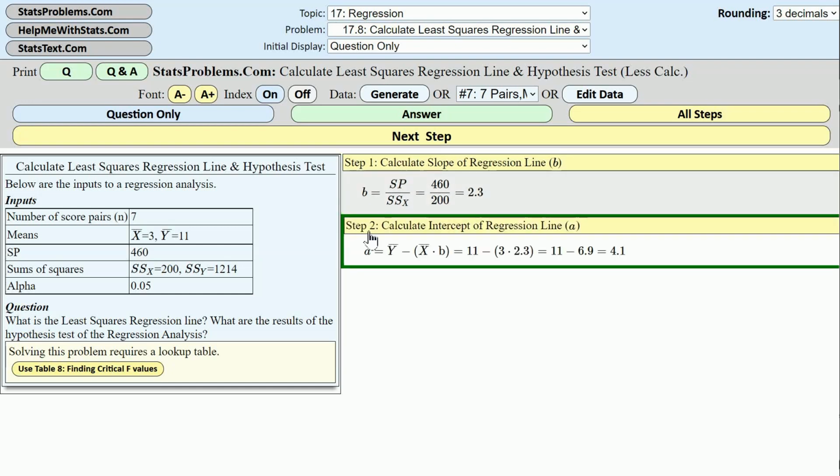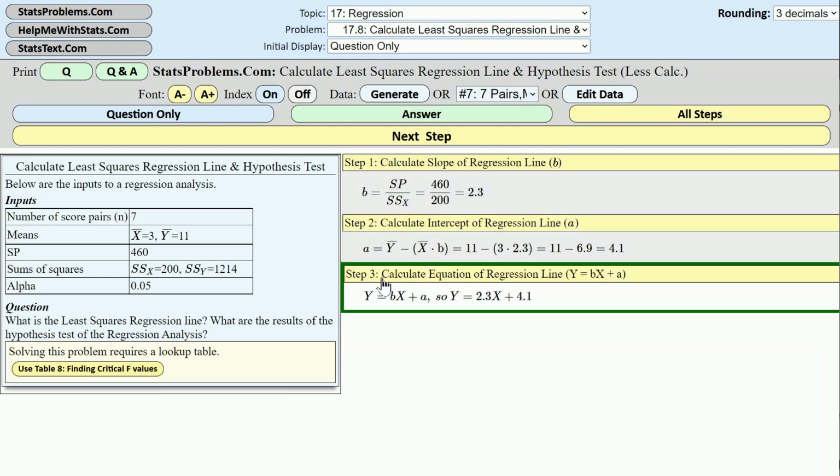In Step 2, we calculate the intercept of the regression line, a. The intercept, a, equals the mean of y, y bar, minus the mean of x, x bar, times the slope, b. In this example, a equals 11 minus 3 times 2.3, which works out to 11 minus 6.9, which works out to 4.1.